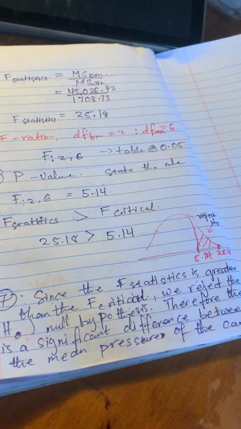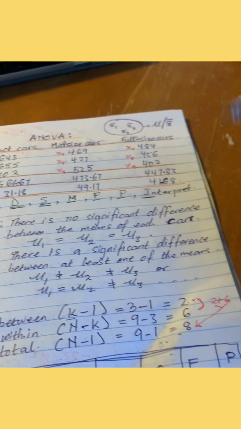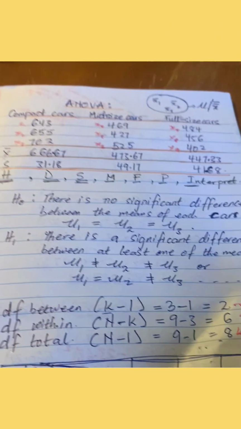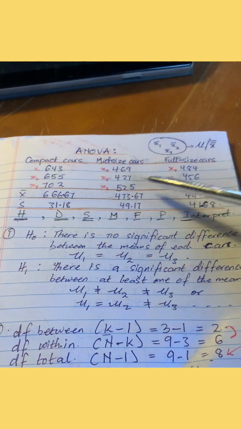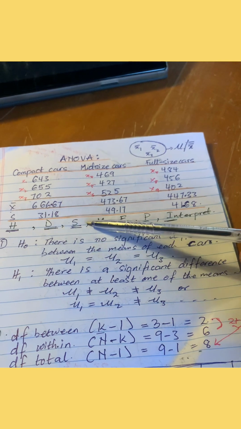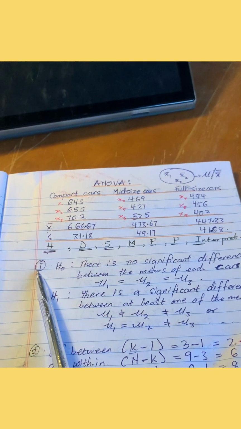ANOVA is this simple. So now let's go over. Looking at our table here, as we've recorded, we have our hypothesis first, then our degrees of freedom, then our sum of squares, then our mean of squares, then our F statistic, our p-value, then we interpret our results.